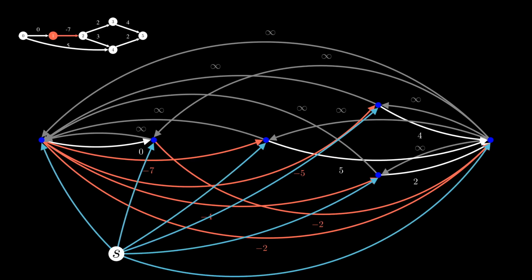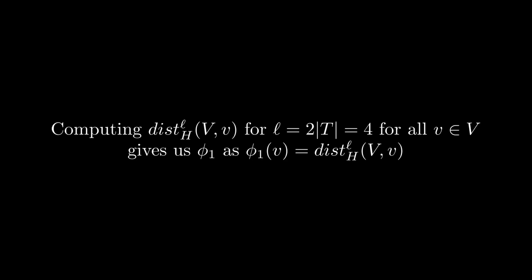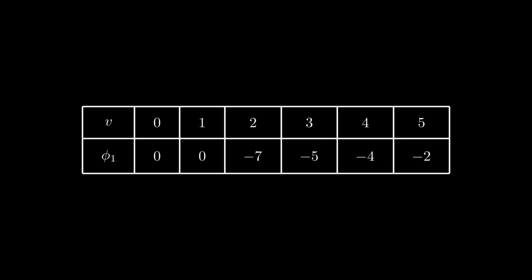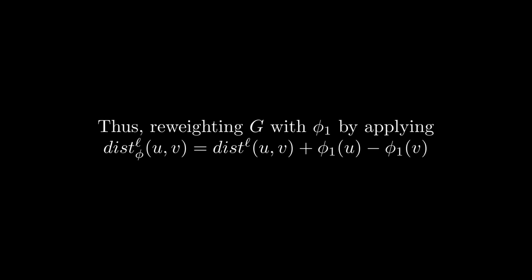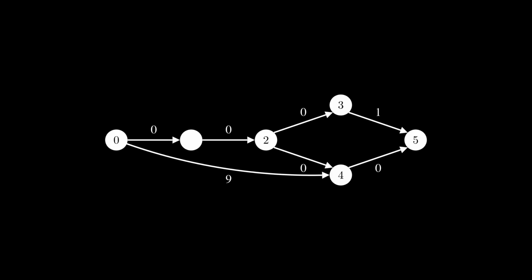From there, we compute the h-hop distances again to each vertex using BFD. Phi denotes the price function, which we just computed, and as you can see in the table, these are the values for each vertex. When the graph is reweighted in phi, we have now reduced betweenness with high probability.